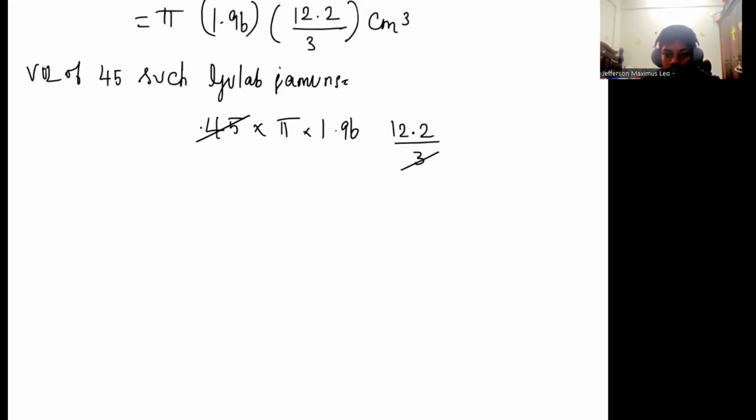So 3 cancels with 45, 15 is left. This is 15 pi times 1.96 times 12.2 centimeter cube.